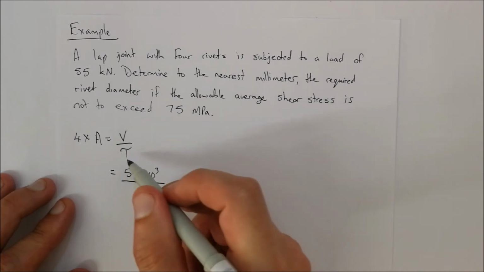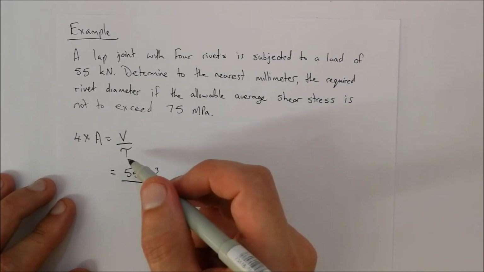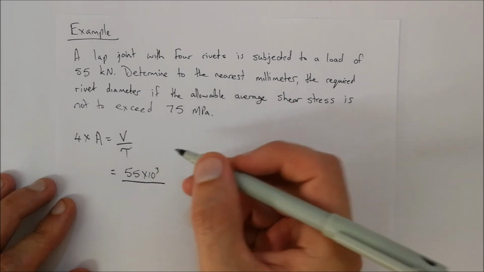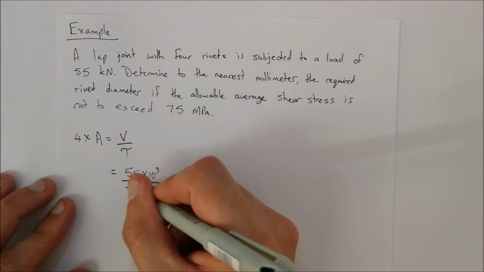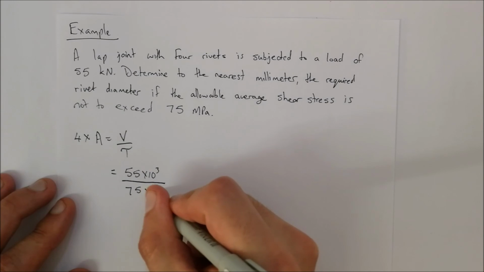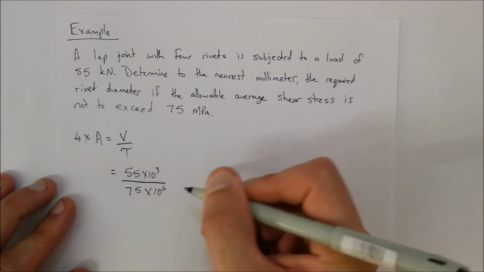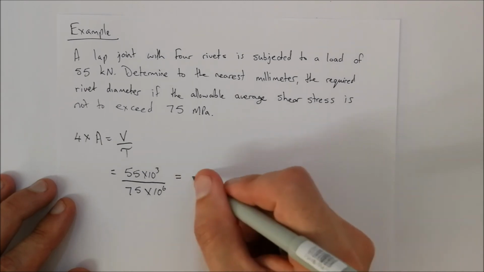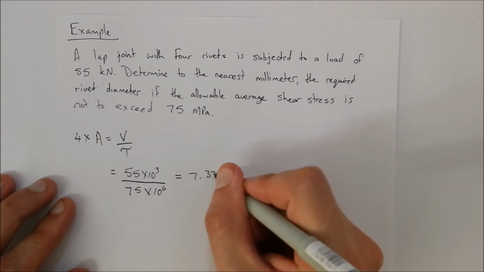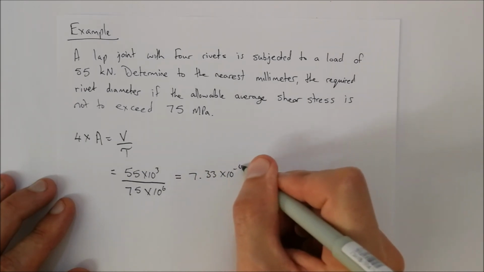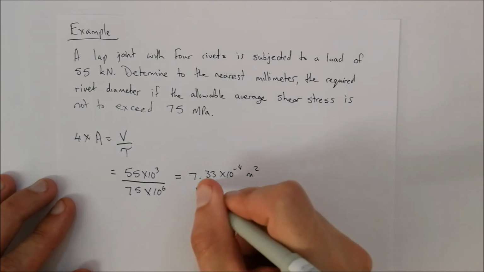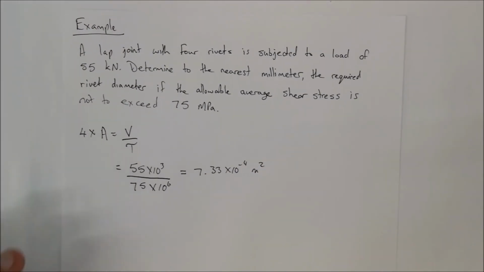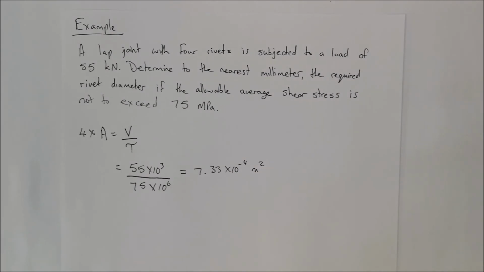And we know our tau value, which is our shear stress, is equal to 75 megapascals, so that's times 10 to the 6. Okay, and that is equal to 7.33 times 10 to the minus 4 square meters. But that is 4 times the area.